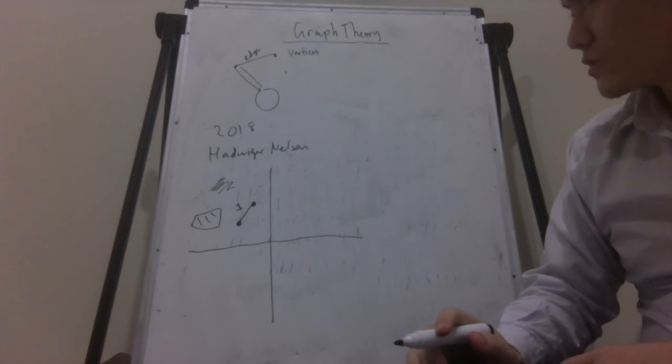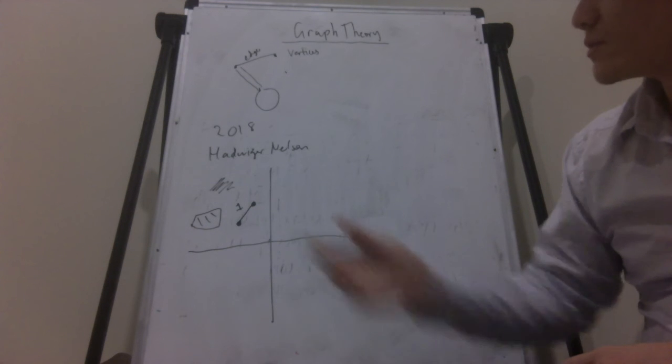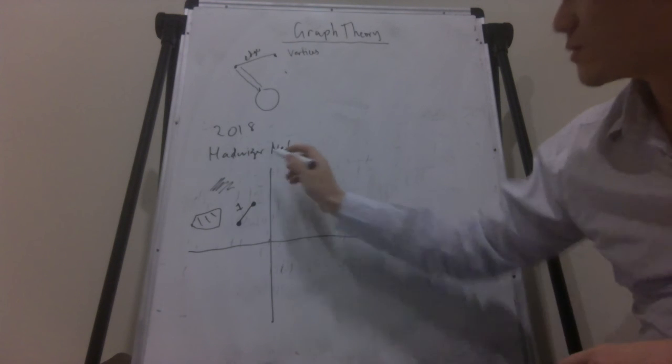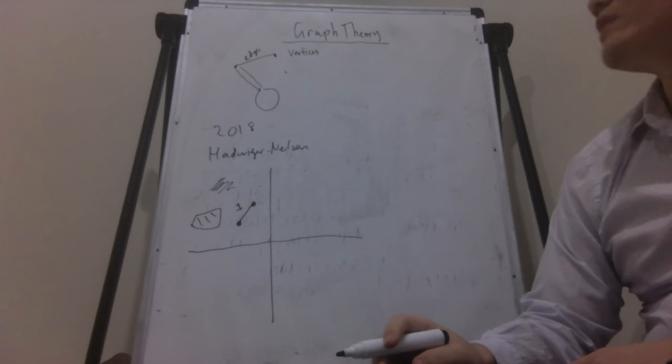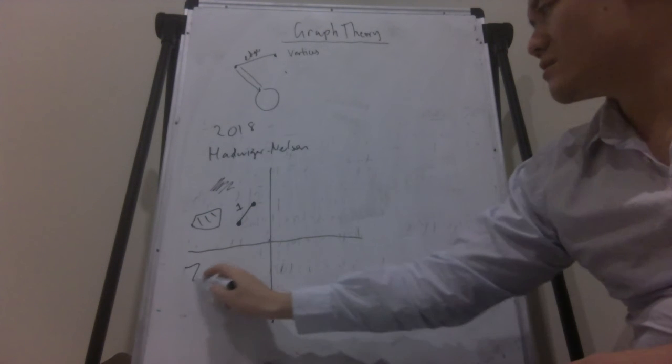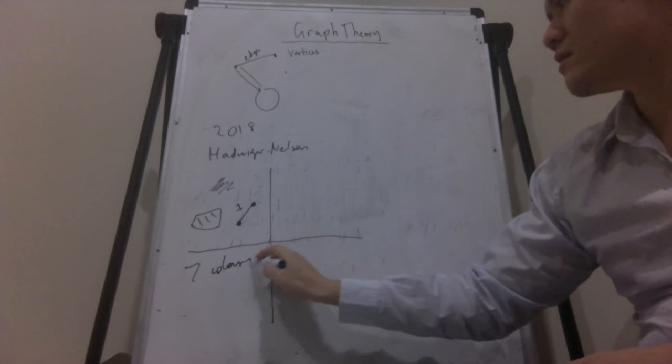So this was like 60 years ago, these two people proposed this problem, and it was quickly found that 7 colors could be done, okay?